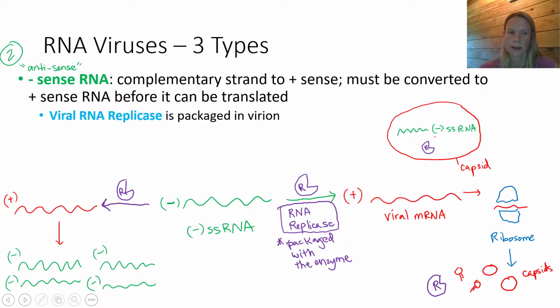Very important enzyme that's facilitating this step, and we might as well draw it in here.